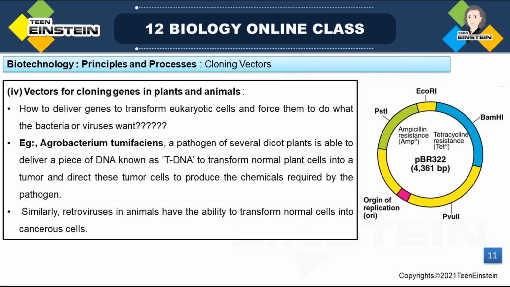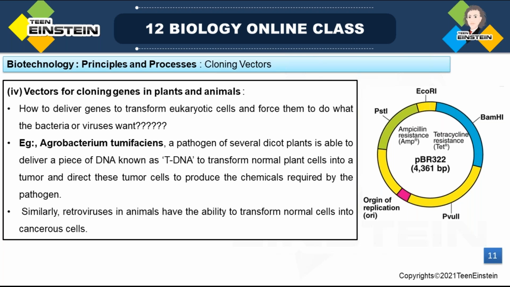Next, last time we said origin of replication is over, restriction sites over, selectable markers over. The last one: vectors for cloning genes in plants and animals. Okay, the fourth point is vectors for cloning genes in plants and animals.